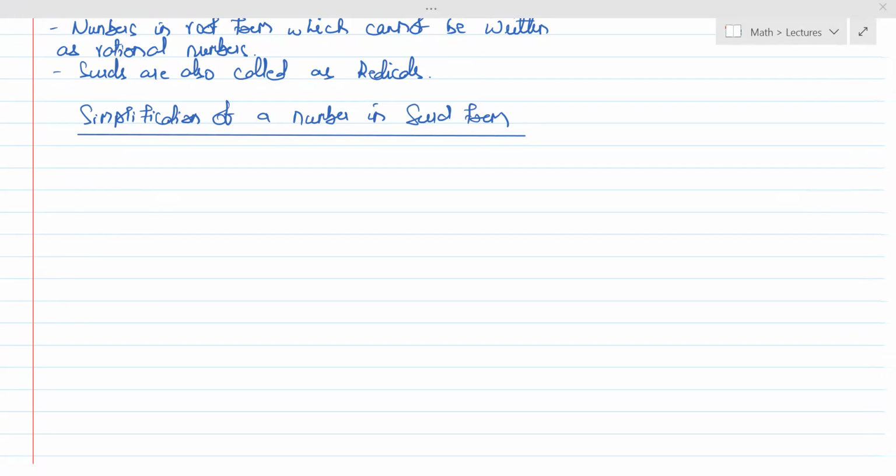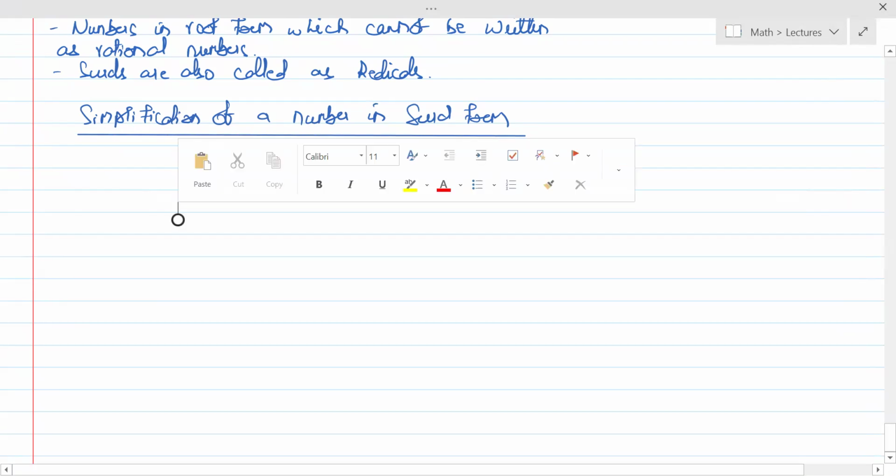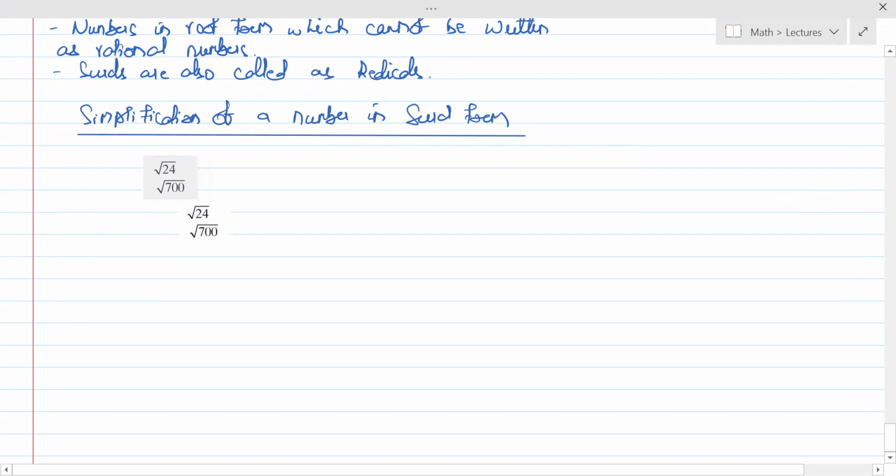Let's say we have two different numbers: under root 24 and under root 700. So let's work it out for under root 24 first.